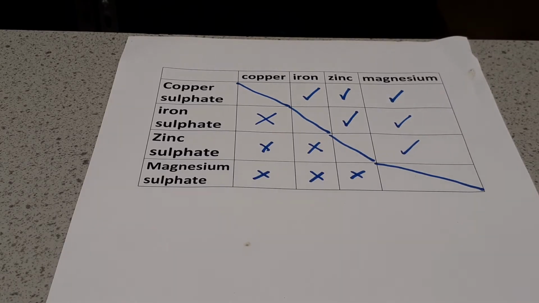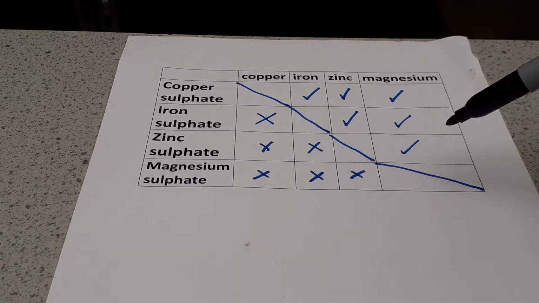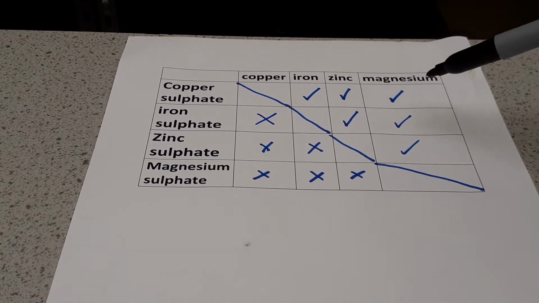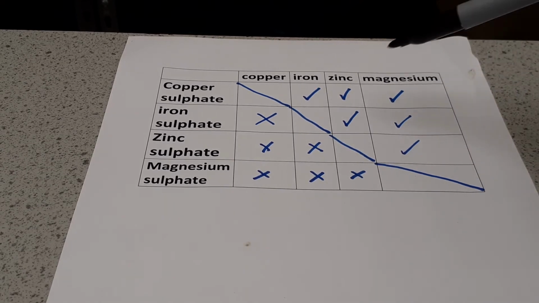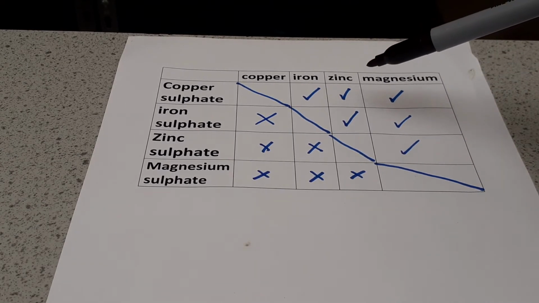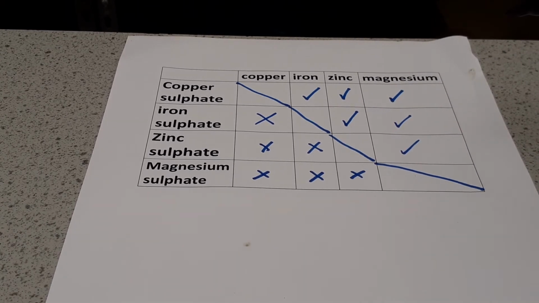Now this is our set of results. We can see that magnesium is by far the most reactive because the reactions occur in all three solutions. With the zinc, the reactions in 2 of them, and iron there's 1, and copper there's none.